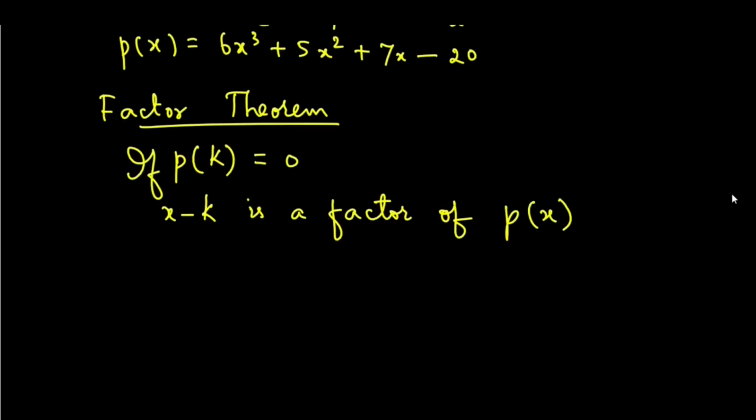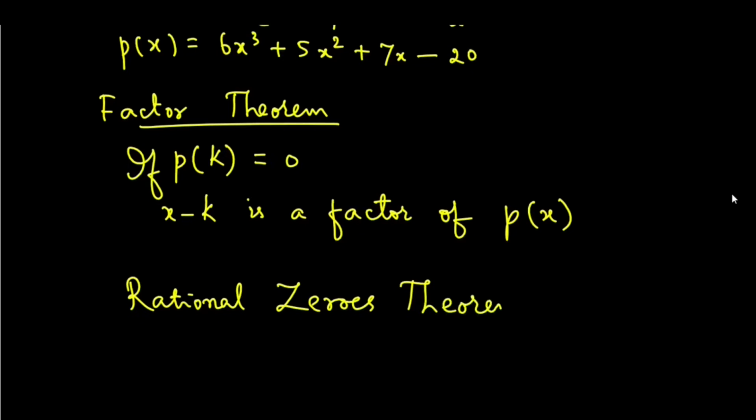Instead of taking every value of k, we can choose certain values for k and confirm whether there are any rational zeros or not. That is Rational Zeroes Theorem, or rational root test.